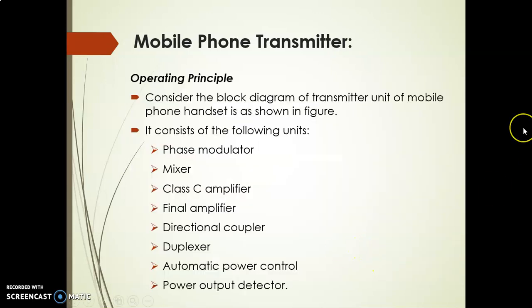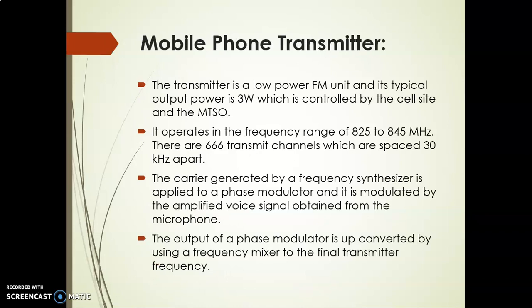Consider the block diagram of the transmitter unit of a mobile phone handset as shown in the figure. It consists of the following units: phase modulator, mixer, class C amplifier, final amplifier, directional coupler, duplexer, automatic power control and power output detector.